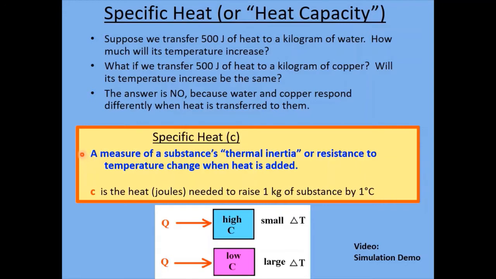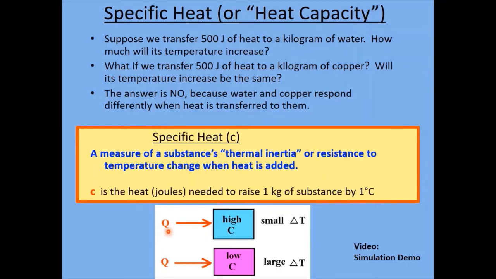The specific heat is a measure of a substance's thermal inertia, or more technically, its resistance to temperature change when heat is added. So the real formal definition of specific heat, C, is the amount of heat in joules needed to raise 1 kilogram of a substance by 1 degree Celsius. So the idea here is if we have two different materials, one has a high specific heat, high C, and the other a low specific heat, low C. And we add heat.